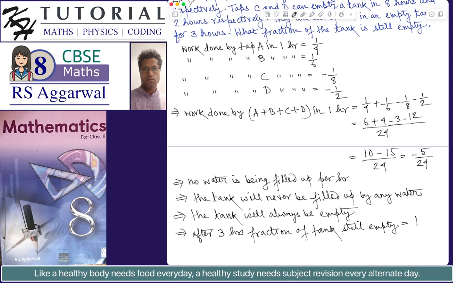And conversely, if the work done in 1 hour by some taps is positive, it means that some water is being filled in the tank per hour, which means that eventually in some hours the tank will be completely filled with water. Or we can say that if the work done in 1 hour is positive, then the tank, if it is completely filled, will never be emptied.